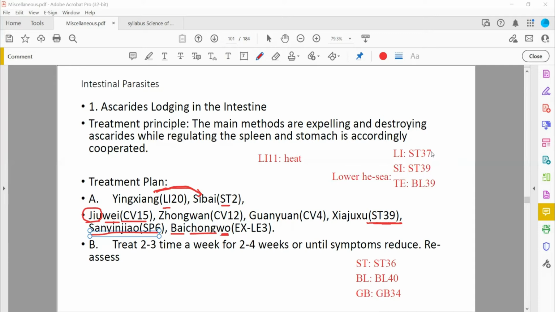So from the name, hundreds of parasites, we use it for anything wrong with parasites.